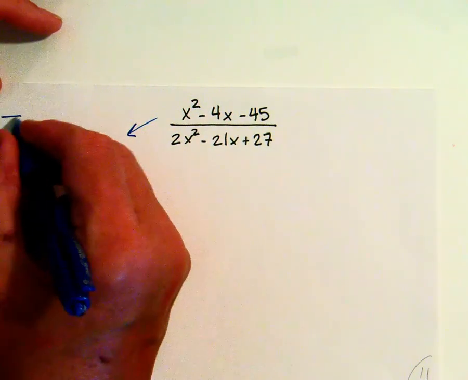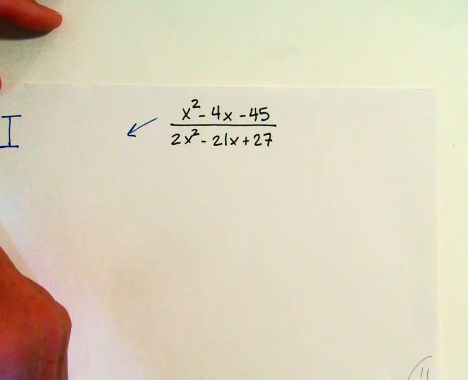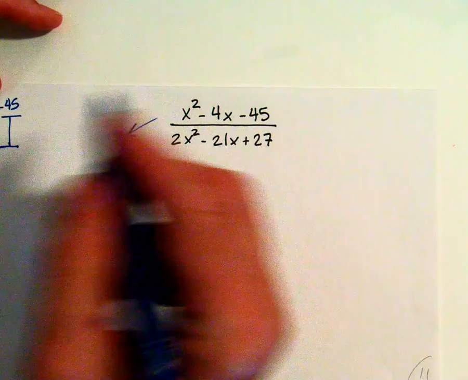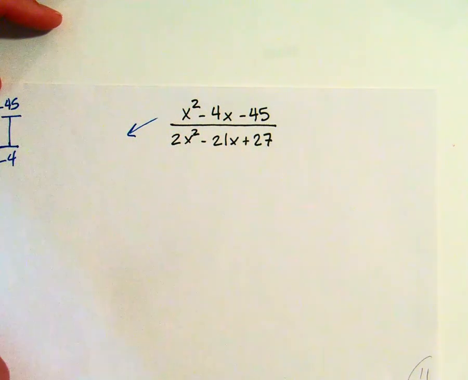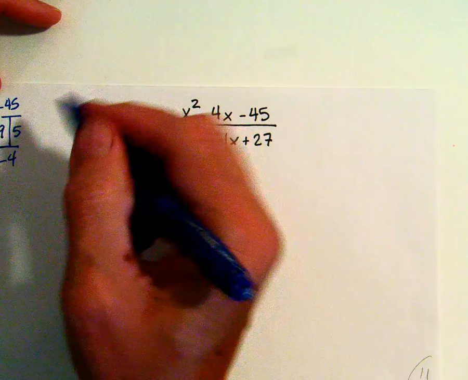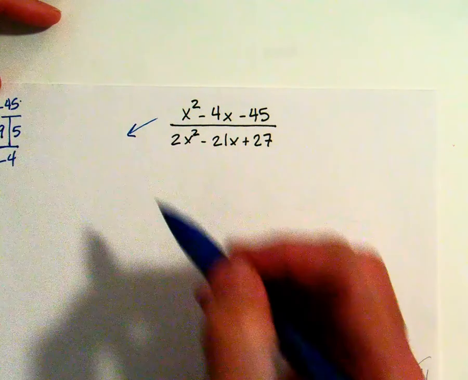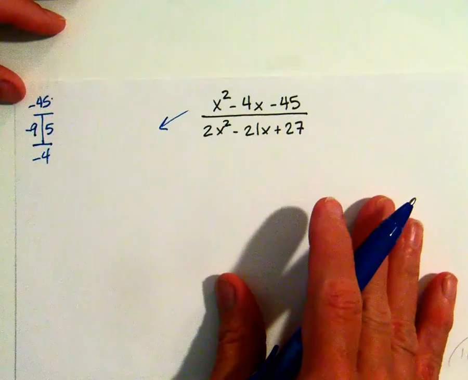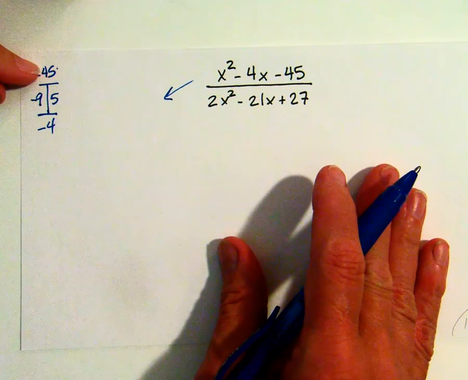And I can factor. AC is negative 45. B is negative 4, and when I play with it and figure it out, or use the handy little trick I taught you on the calculator, you can see that negative 9 and 5 multiply to get negative 45 and add to get negative 4, so that's our two solutions.